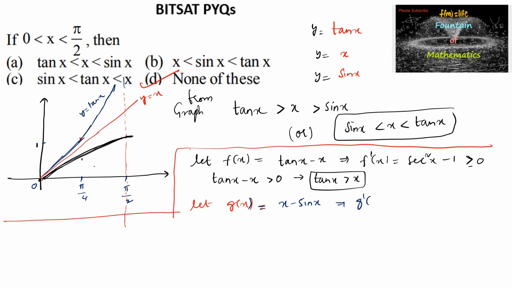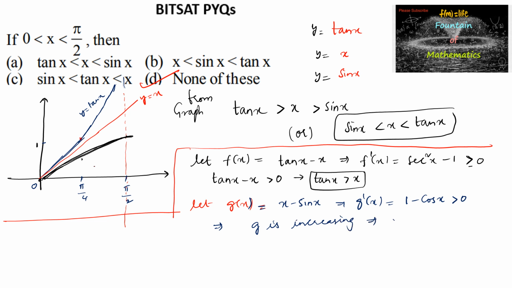Differentiating, g dash of x is equal to 1 minus cos x, and 1 minus cos x is always greater than 0, which implies g is an increasing function.